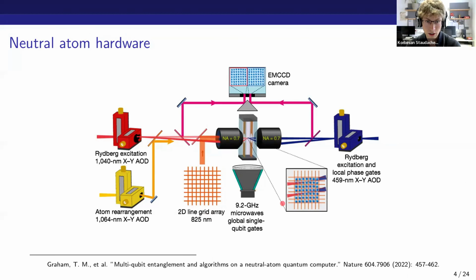And then we have several laser sources here around, which we can use to modify those atoms. So for the local Z rotations, we have here a laser which can individually address those single atoms guided by acousto-optic deflectors. And there we can modify the qubits locally.